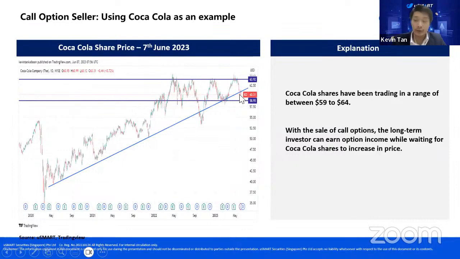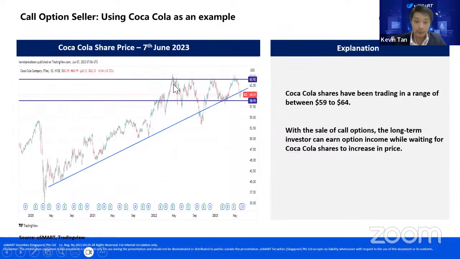But even for a good consumer goods company, there can be a period of time where the share price goes nowhere. Look at the chart right here: from the start of 2022 all the way to 2023 this year, Coca-Cola share has been trading within these boundaries, somewhere between $59 and around $64.